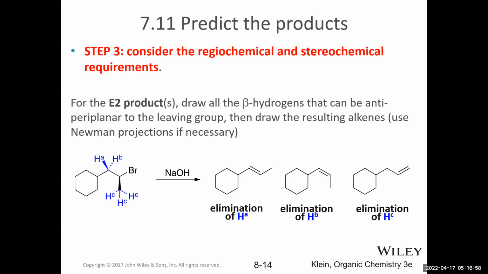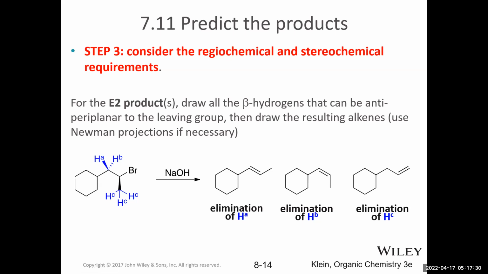So only hydrogens that can get in that configuration opposite the leaving group could be removed to form the alkene. If there's only one hydrogen at a beta carbon, then you would need to draw a Newman projection to figure out if the E or Z alkene would be formed. In this case, the alpha carbon is a chiral center. However, the beta carbons are not chiral centers.